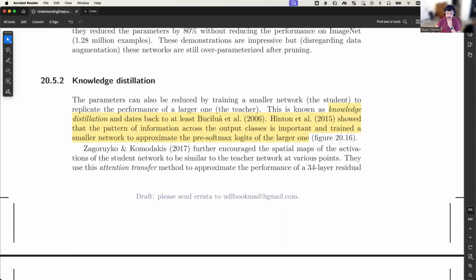There was a kind of joke paper that popped up recently because some people had claimed that they had this amazing adversarial defense, and then someone came back with a correction of their paper basically saying I broke your defense with one line of code.